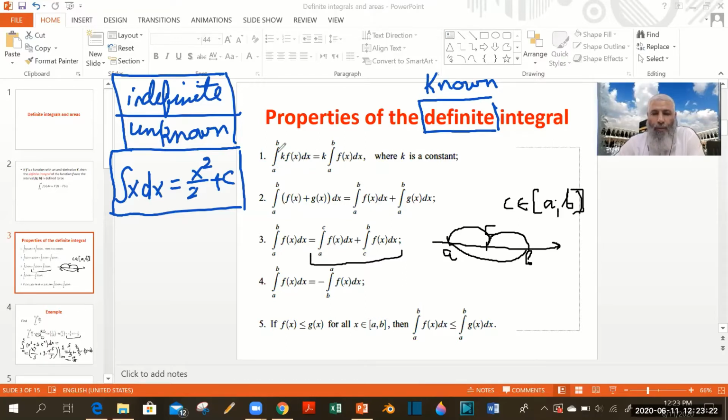Integration from a to b. What is the meaning of from a to b? This means, if I have an equation like this, from a means from x equals a here, to b.